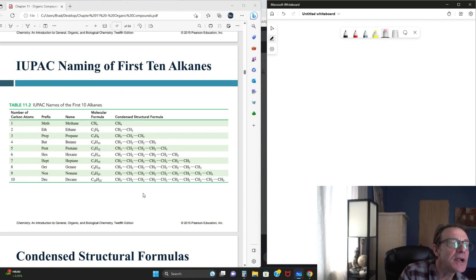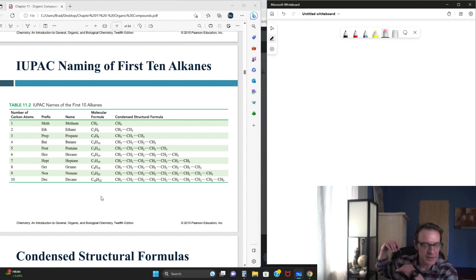This is slide 17. And what they are is the prefixes that we're going to use in the naming, not just of the alkanes, but any organic molecule that we have to name. Prefixes for 1 is meth, 2 is eth, 3 is prop, 4 is but.